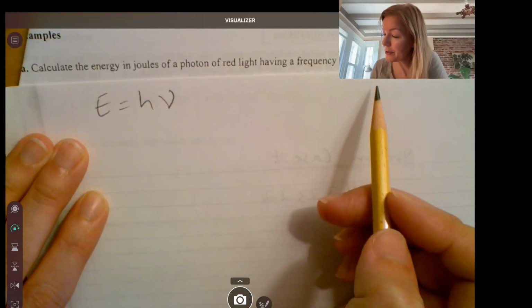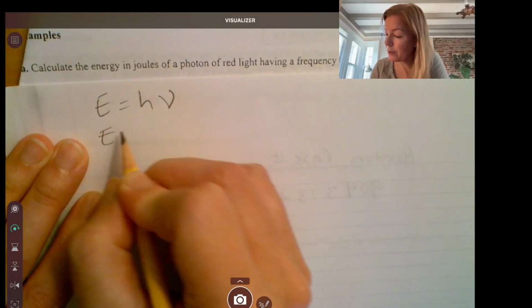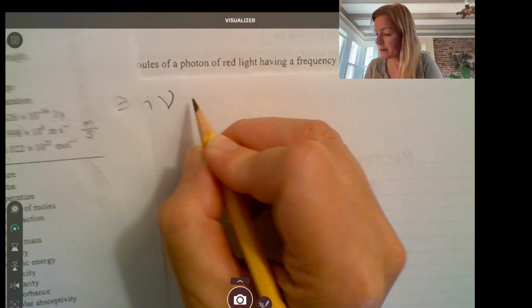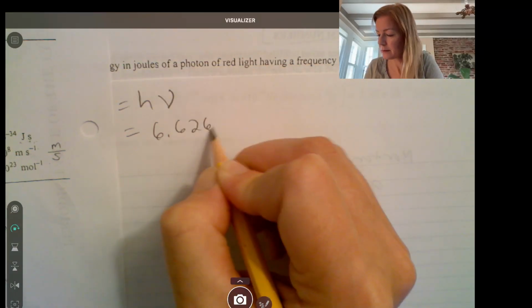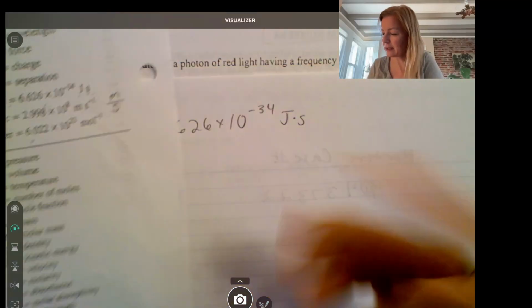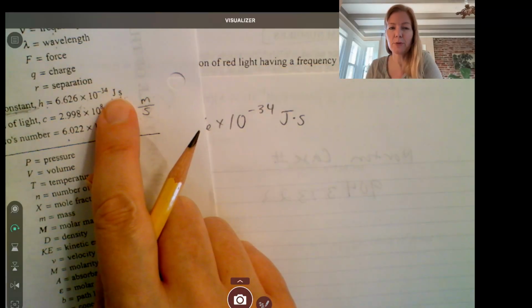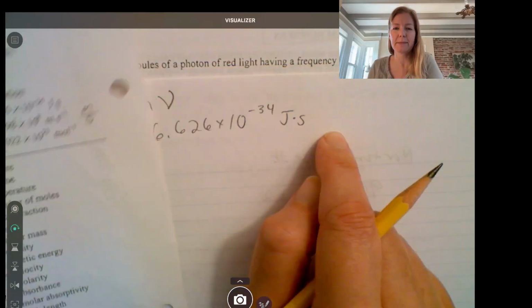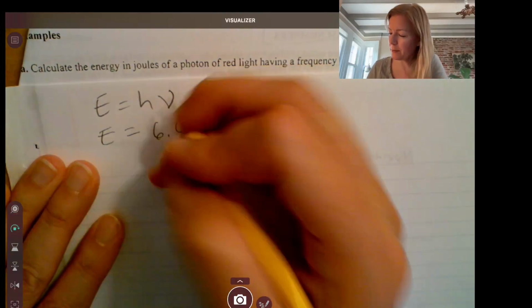We know that h, Planck's constant, is 6.626 times 10 to the -34th joules seconds. Whenever you see two units next to each other, they're being multiplied. So it's joules times seconds. That's what we plug in for h.